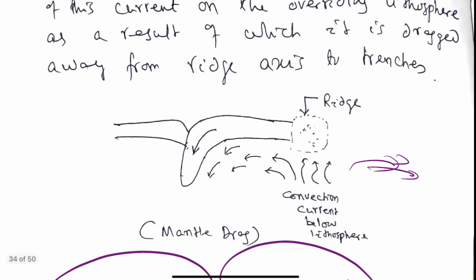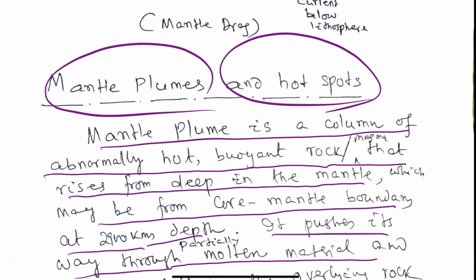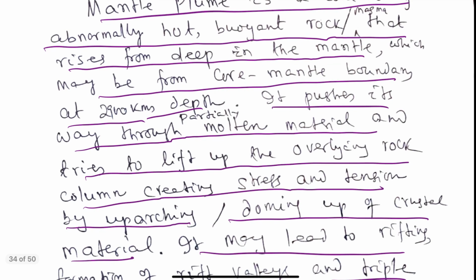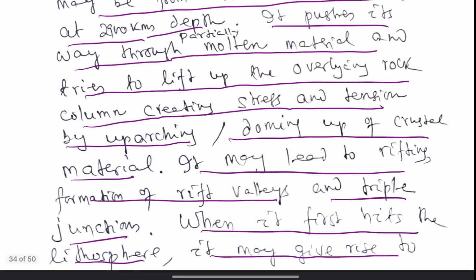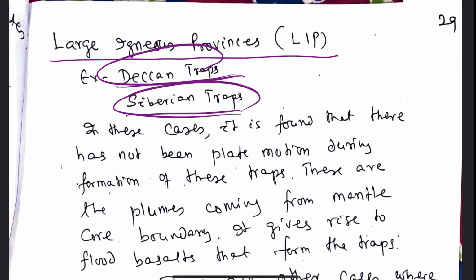So, these mantle plumes that rise from the core mantle boundary in the form of columns rise up, push the lithospheric plate upwards, causing it to be lifted up, as a result of which it is domed up and tension cracks develop that ultimately result in a triple junction, and in some cases they simply extrude to form the traps.